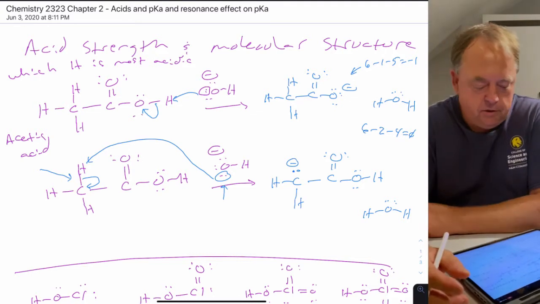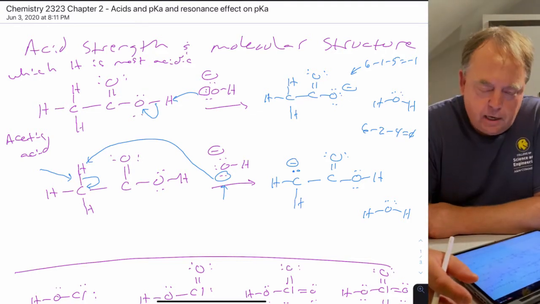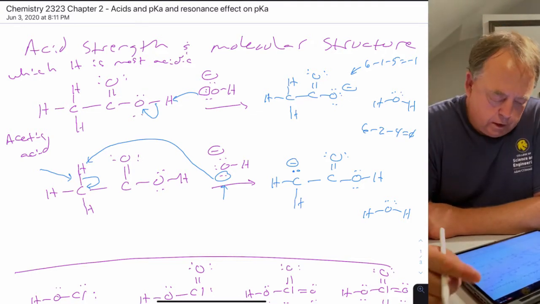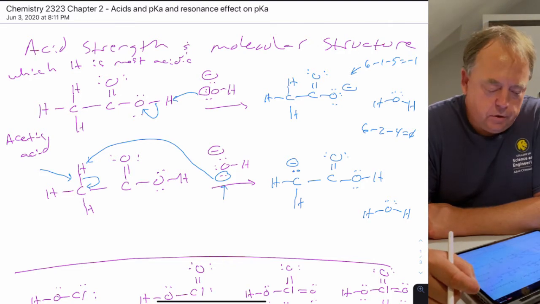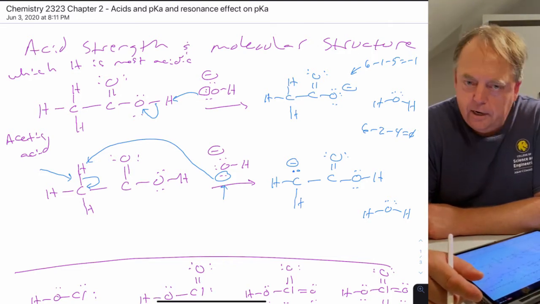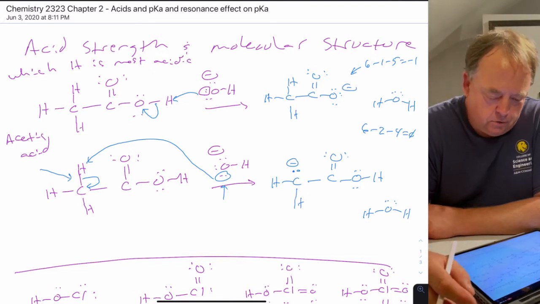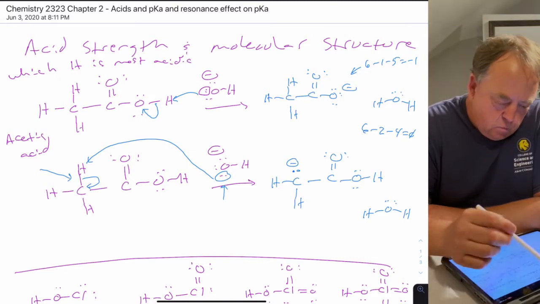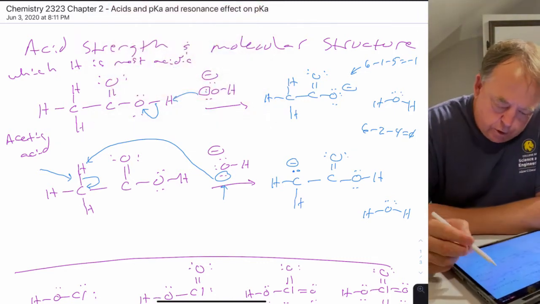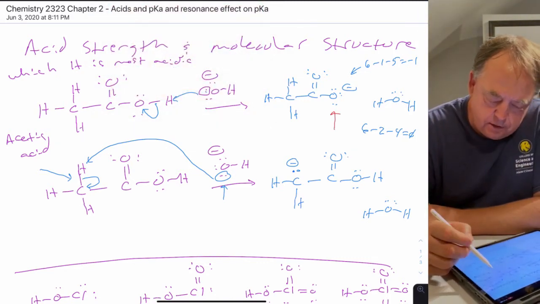Okay, so which happens? Acetic acid is an acid. It loses a hydrogen. Which one does it lose? One of the 3 hydrogens on carbon or the hydrogen on oxygen? Hopefully you said the hydrogen on oxygen. So why? Well, in the process, you create a negative charge on acetic acid, right?